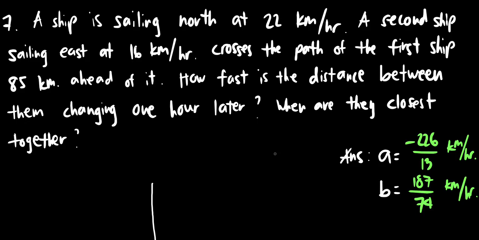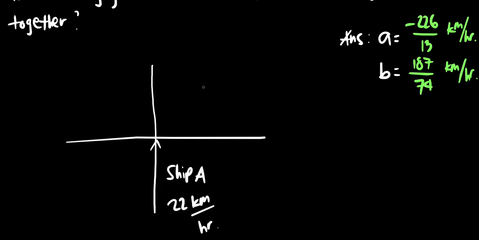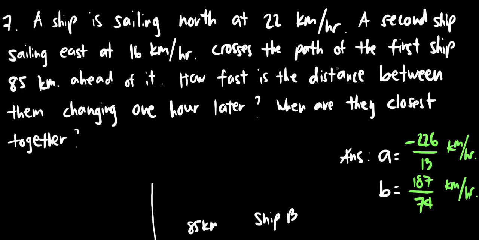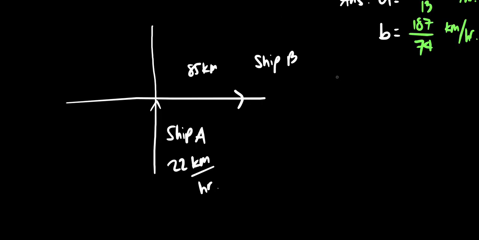It crosses the path of the first ship 85 kilometers ahead, so it is somewhere here. This is ship B, 16 kilometers per hour.